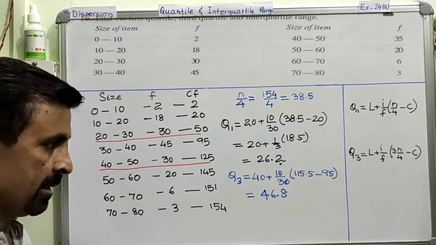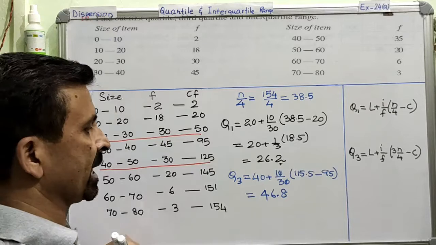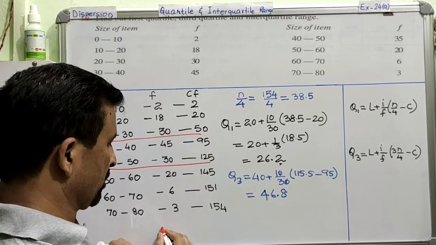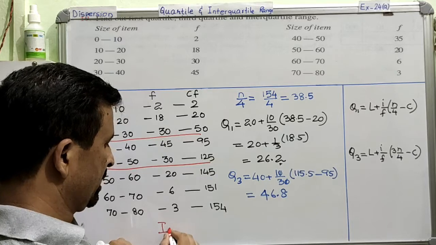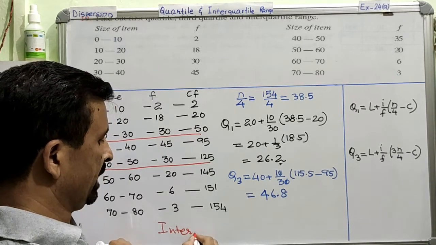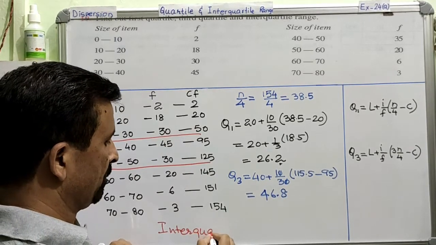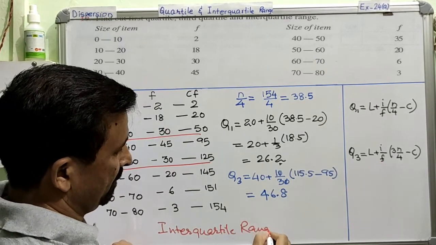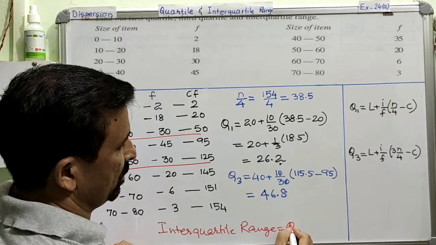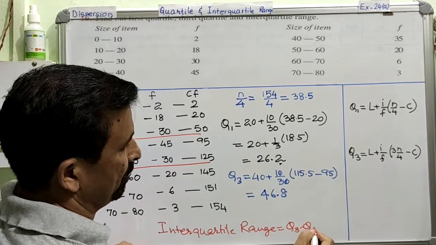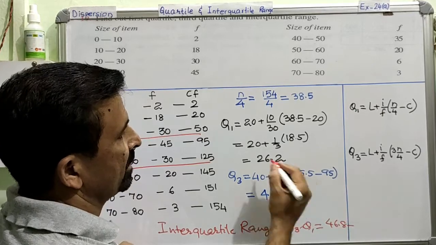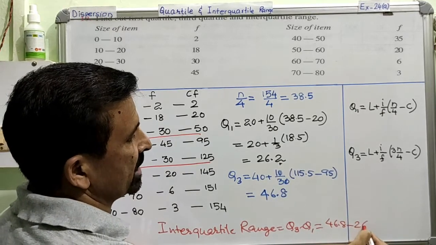Am I clear? Now finally we will calculate the interquartile range. I will calculate it with the red color. Interquartile range is equal to Q3 minus Q1. This is 46.8 minus 26.2.